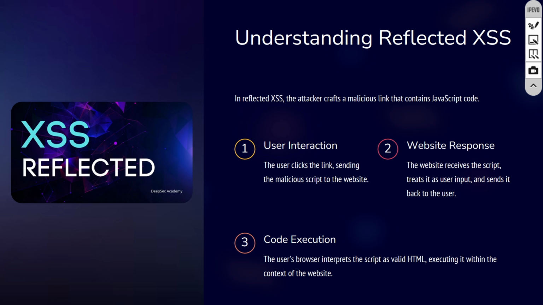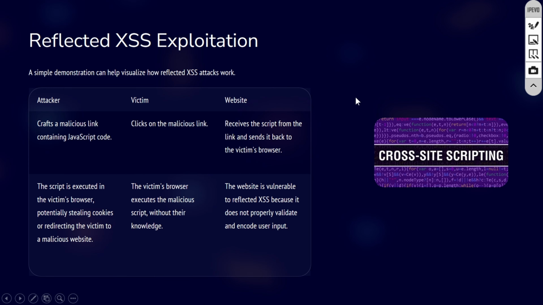Now, reflected XSS exploitation. This is a simple way, which I have already talked about previously. I am an attacker, so what am I going to do? I'll create a very simple malicious link or malicious JavaScript code.